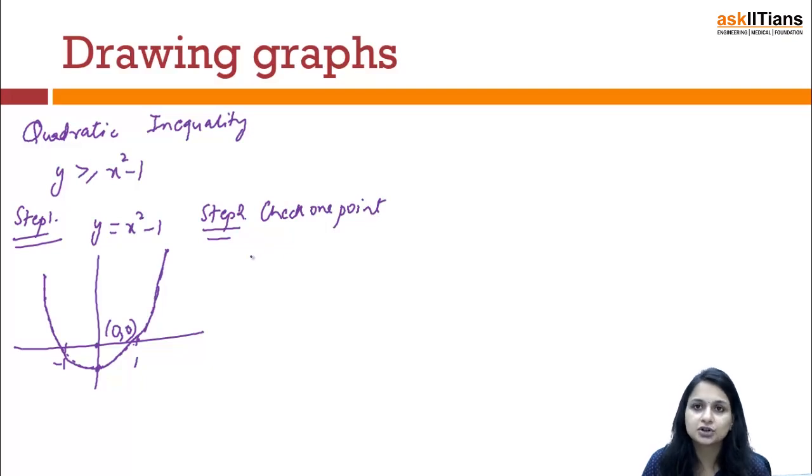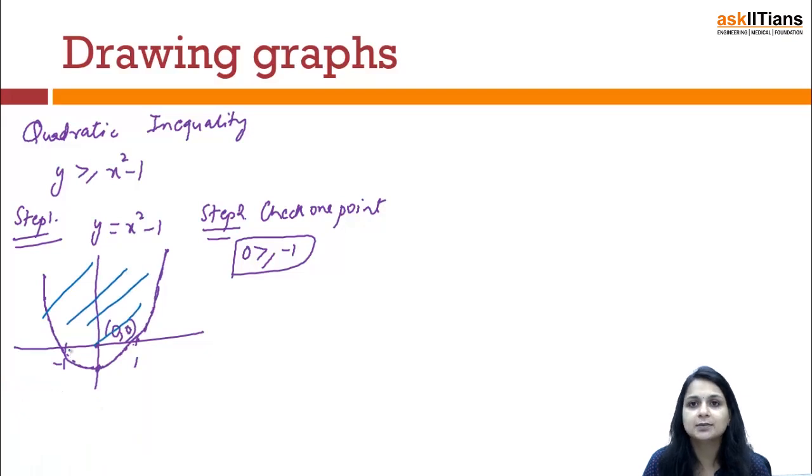So let me check origin. If I put origin, this becomes 0 greater than or equal to 0 square minus 1. Yes, this is true. So that means this is satisfying the solution of y greater than or equal to x square minus 1. So here I will have the solutions as this, inside the parabola and also including the points on the parabola. So this is representing the complete solution.